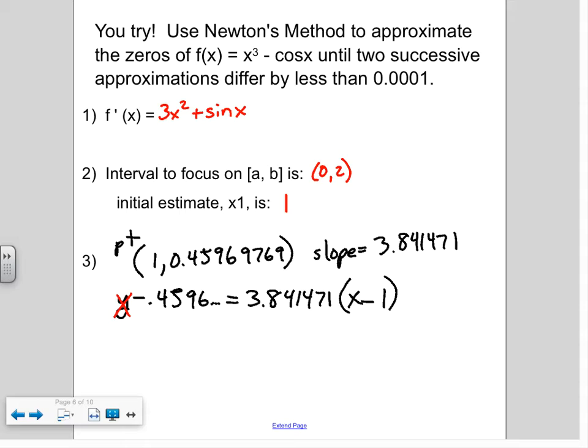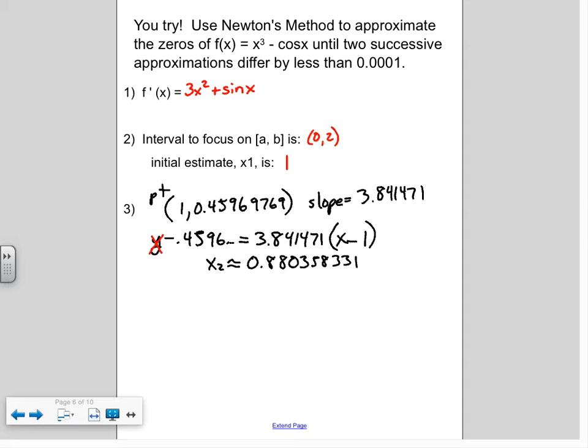Plug in a 0 for y. All right, so I get an x value, an x sub 2, of around 0.880358331. All right, next iteration.